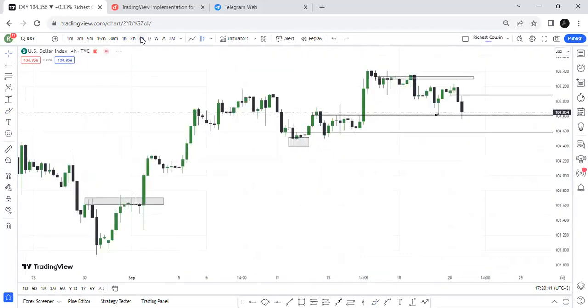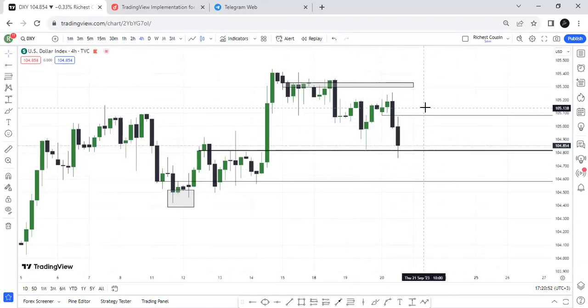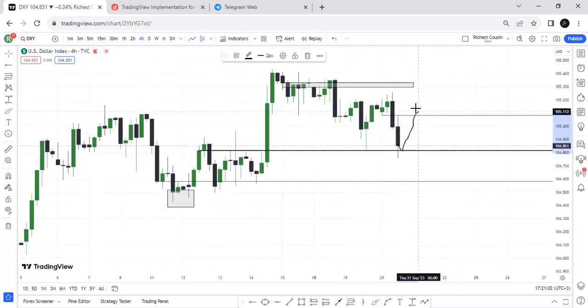Now, this is how we were analyzing DXY, by following how price was reacting above the highs and below the lows. Price has already broken this structure. What we anticipate is a liquidation inside before continuation to the downside.